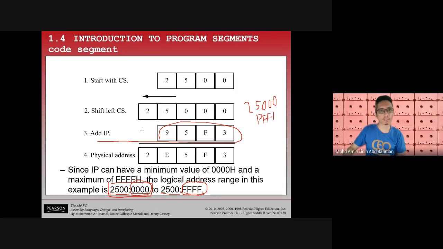So it becomes FFF, and this one is, what is it? 20 minus F, so it will be 4, and then it will be 3. So that is your physical address.